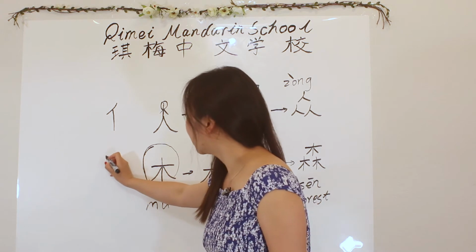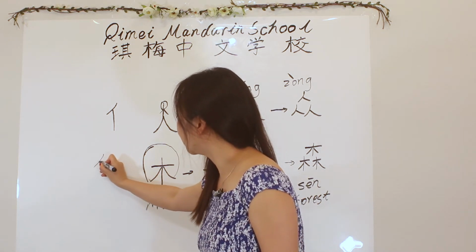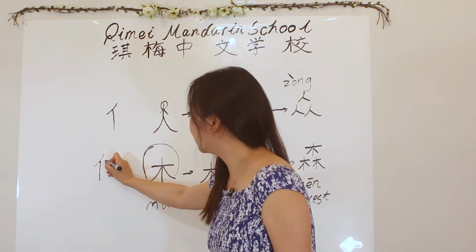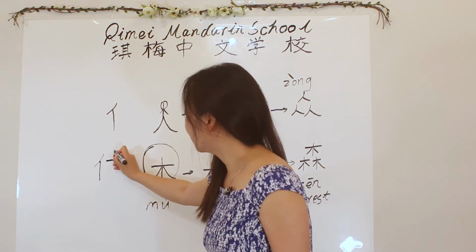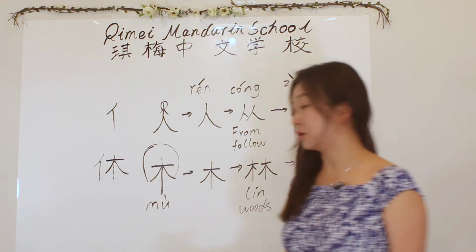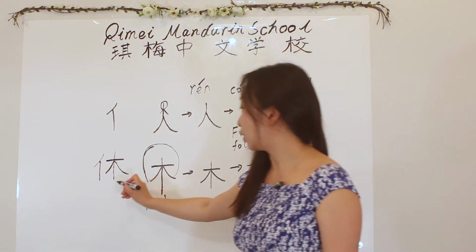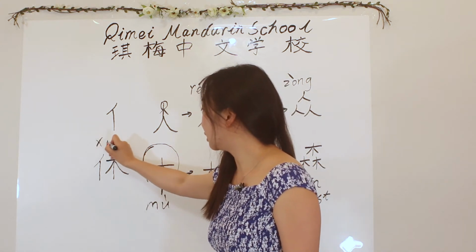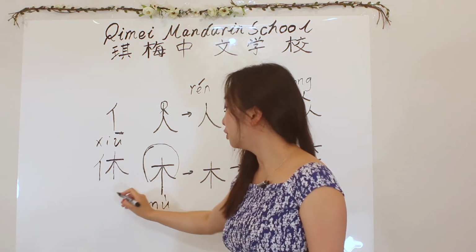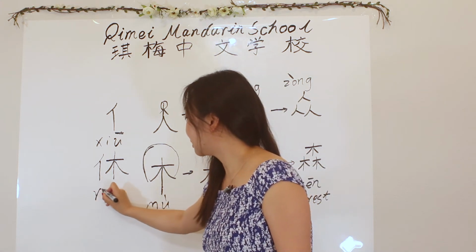So let's see what we can build. So a person, right, from this one, and then running, the tree, feeling tired, leaning on the tree, having a rest, right? So this one is called 休. So 休 means rest.